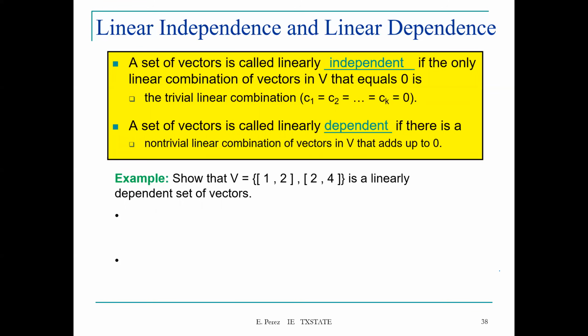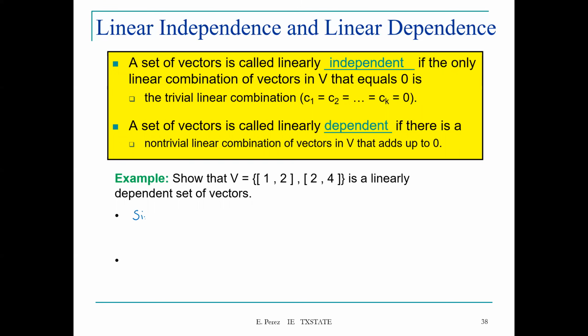So for example, show that V, this set of row vectors 1, 2, and 2, 4 is linearly dependent. So if we can find a non-trivial linear combination of vectors that add up to 0, then we can confirm that this is a linearly dependent set of vectors.